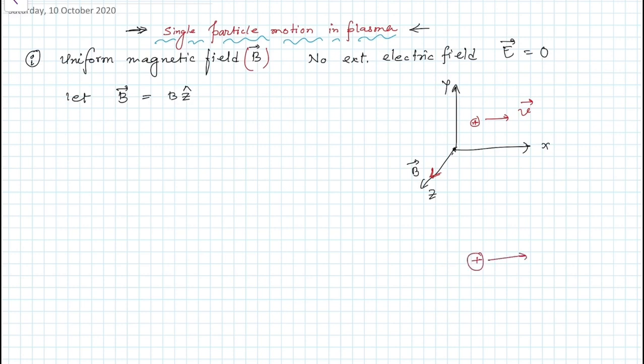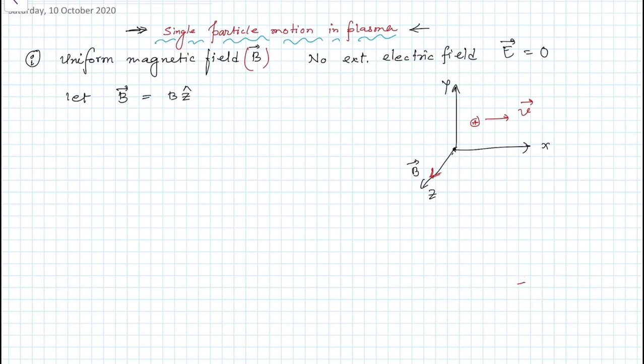When a charged particle moves in a magnetic field and electric field, the net force acting on it is equal to the sum of the force due to the magnetic field and the force due to the electric field. That is the Lorentz force. But here the electric field is not applied, so the force due to the magnetic field is the Lorentz force. How do we determine the direction of that force?